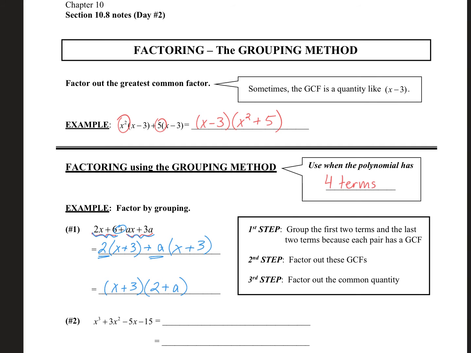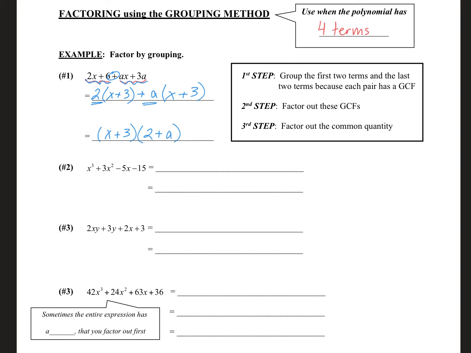So let's look at another example here. We have x cubed plus 3x squared minus 5x minus 15. Again, this first step is breaking it up into 2 separate polynomials almost, and we're going to take the greatest common factor out of each of those. If we look at x cubed plus 3x squared first, the greatest common factor is going to be x squared.